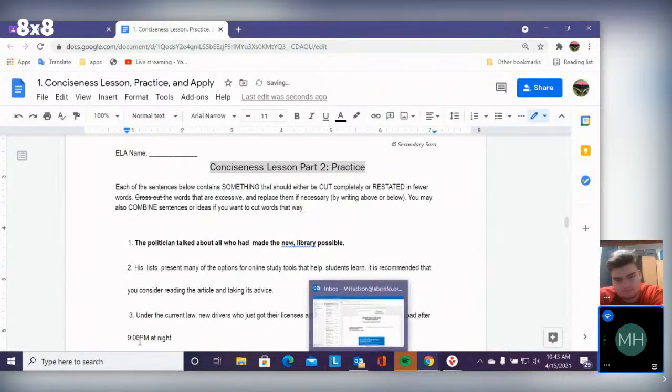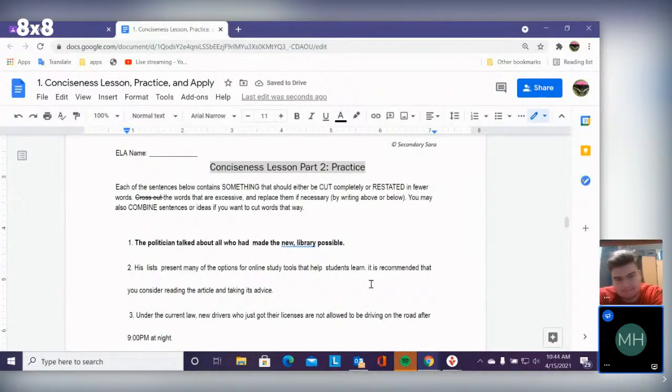Because when you put the period, there's a longer pause. And you have two complete thoughts. I mean, you have time to wrap your head around it. So this is what I would do. His list present many of the options for online study tools. How about present options? We don't even have to have that. There we go.